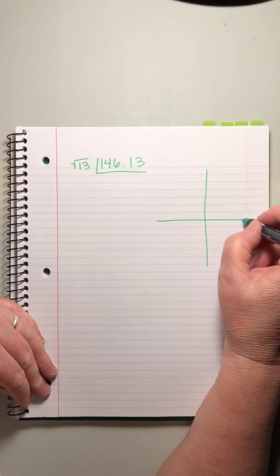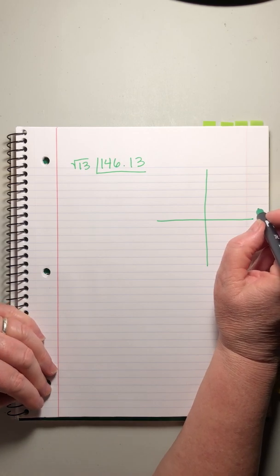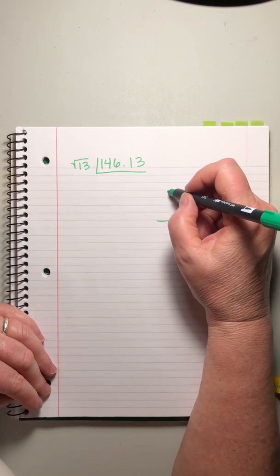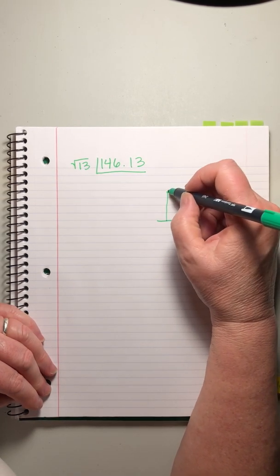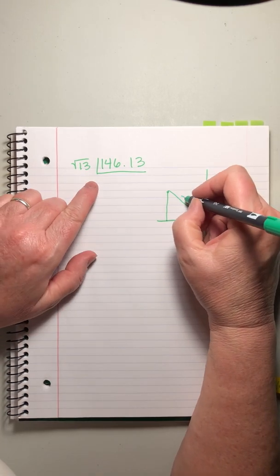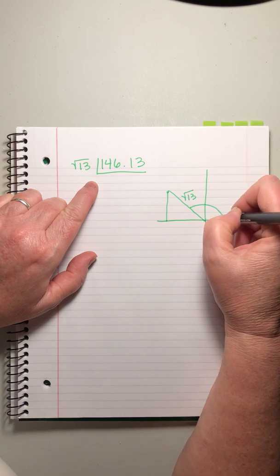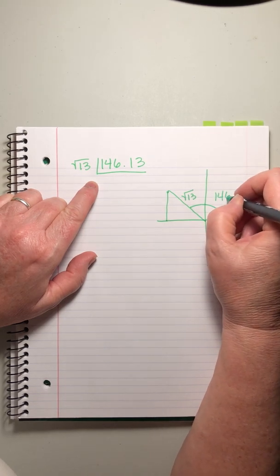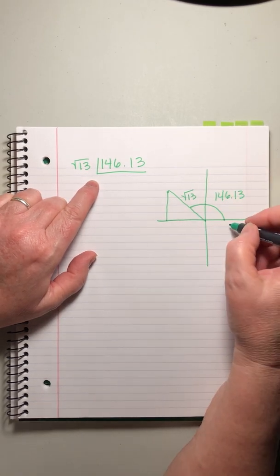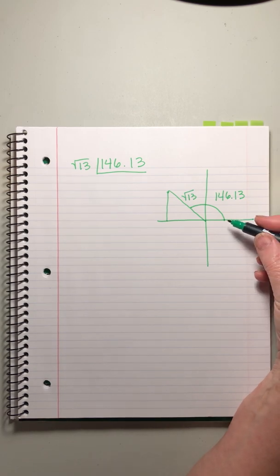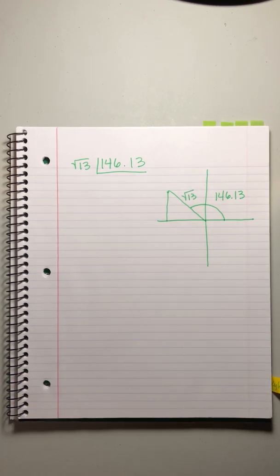All right, so this is my first way of measuring our point, which is roughly out here, right? So now we know that this is square root of 13 and this is 146.13, right? Now what we have to do is play around with some positive negatives.